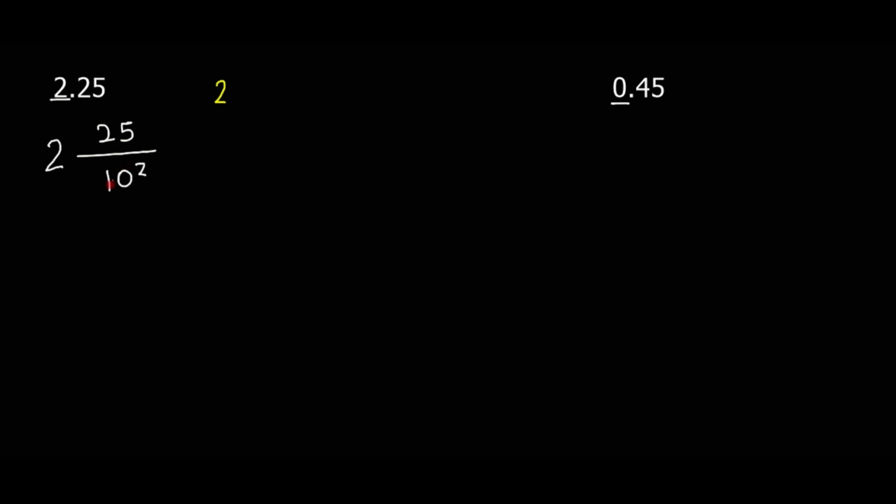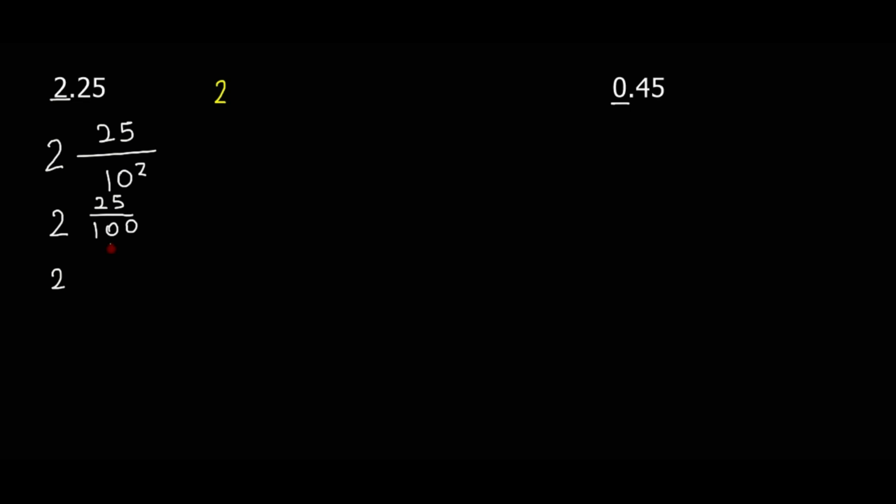And so from this step we follow the same thing. 10 squared is 100. And so 25 divided by 100 is not simplified, because we always try to simplify our answer.